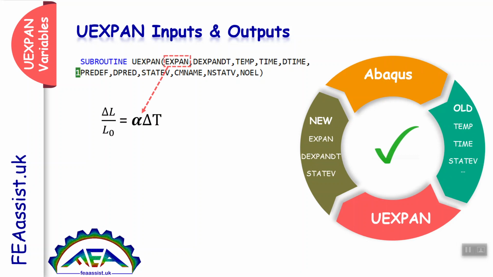Actually, delta L per L0, which is the normalized length increase, equals the thermal expansion coefficient, alpha, multiplied by delta T, which is the temperature increase. This alpha should be defined in this subroutine.